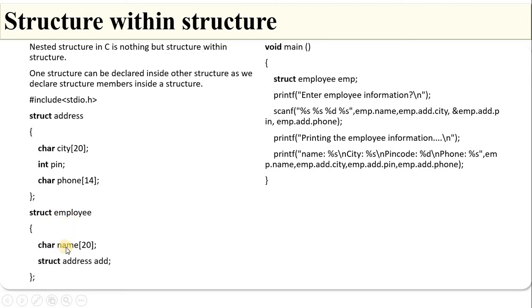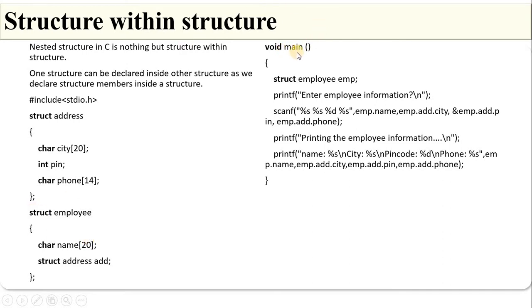It contains name and then it contains the structure address as its member. Thus, this address structure is actually a member of another structure called struct employee. Thus, it is an example of structure within a structure.